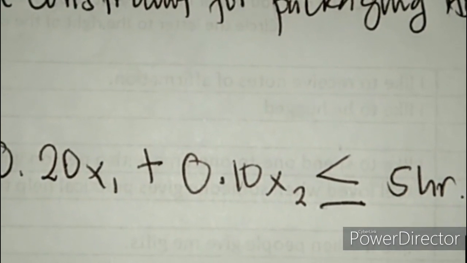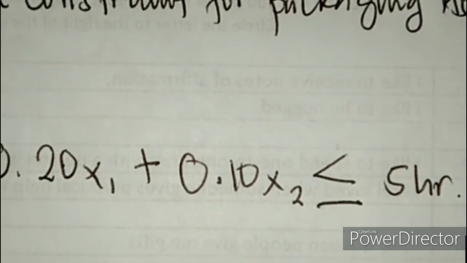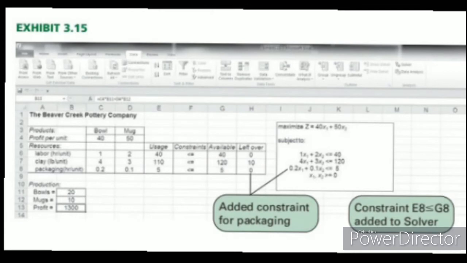This would require the model to be solved again with a new constraint. This new constraint does, in fact, change the optimal solution. As shown in Exhibit 3.15, this spreadsheet requires a new row added to the original spreadsheet.